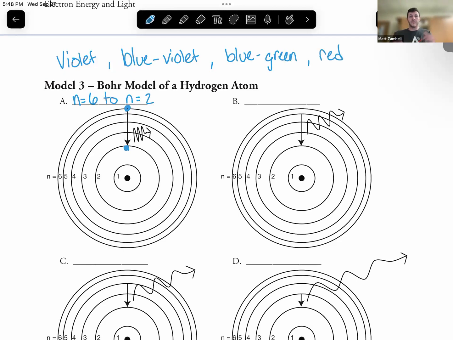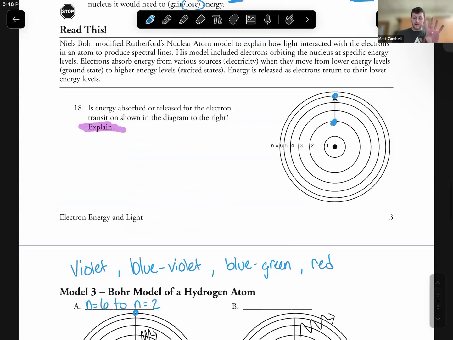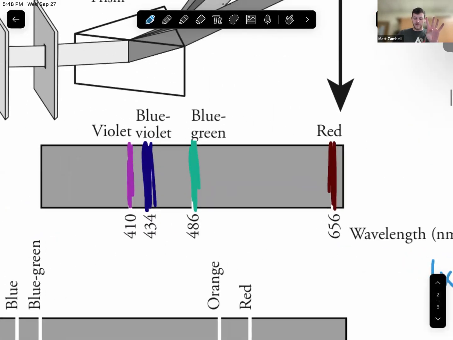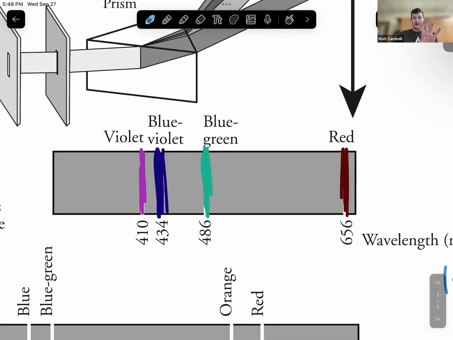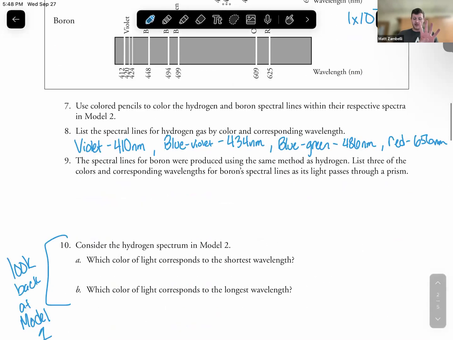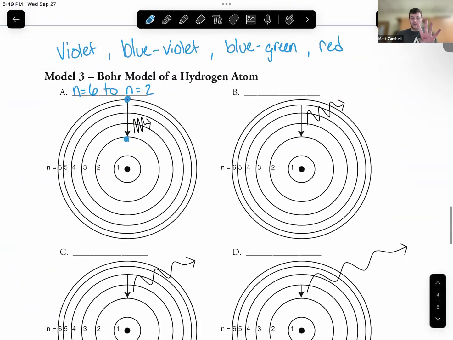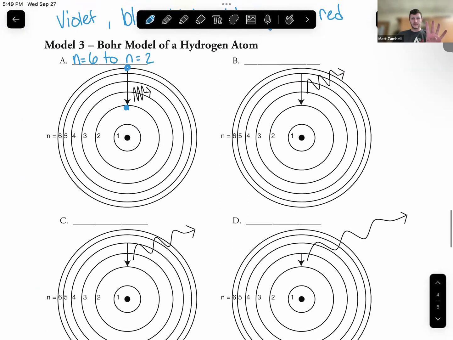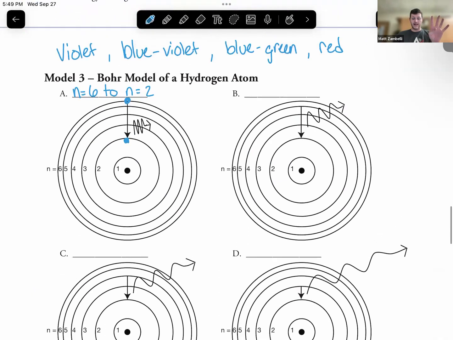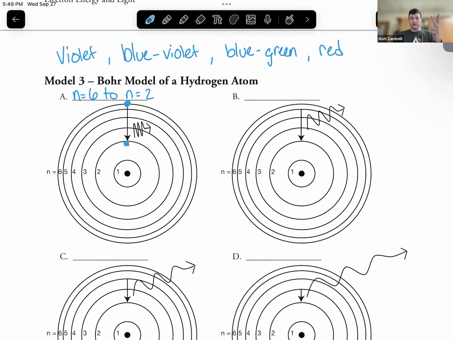So there are 4 colors from hydrogen way up here, and those 4 colors of hydrogen correspond to our 4 Bohr models. So again, we have violet, blue-green, and red. Pick which one goes where, and make sure you know why you're thinking that.